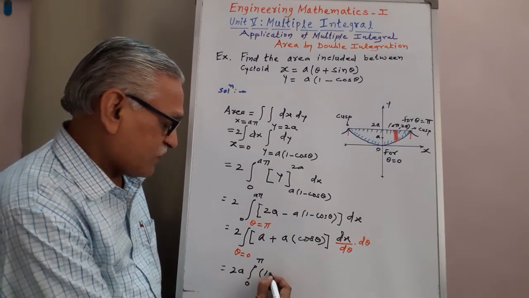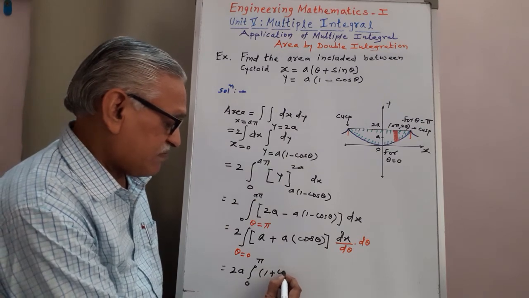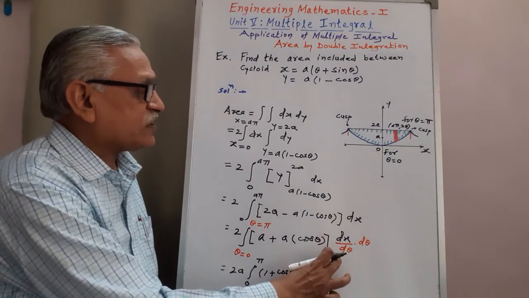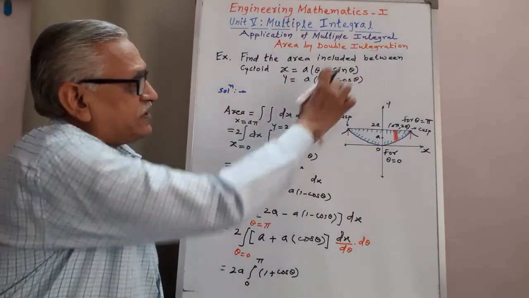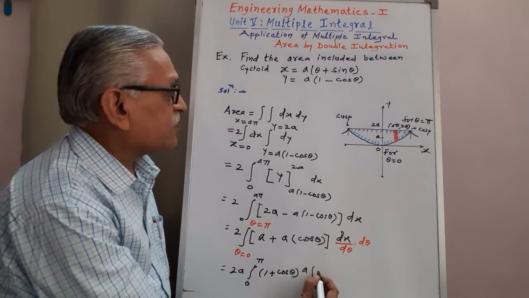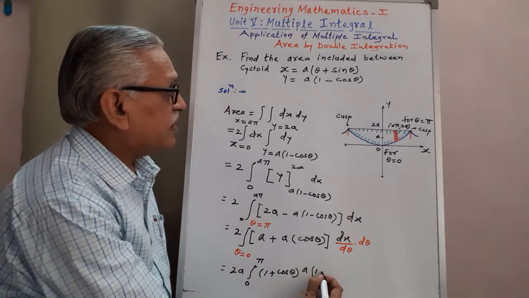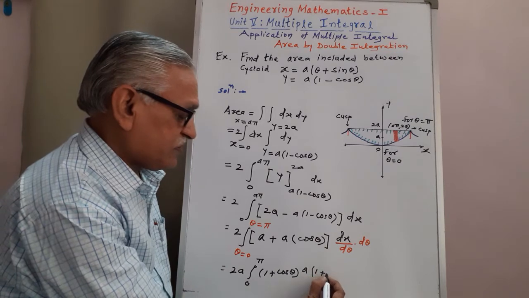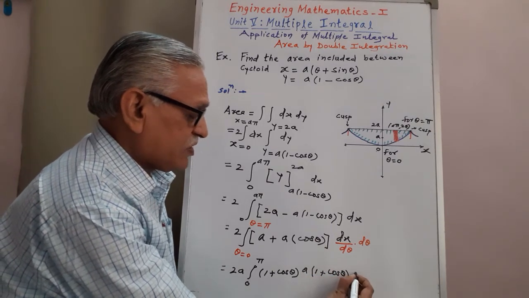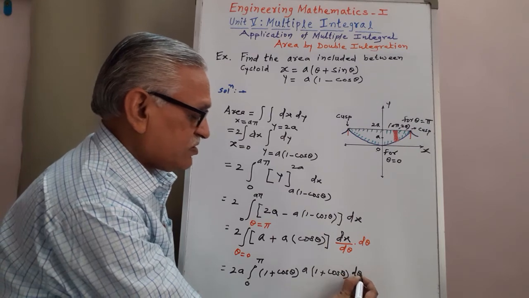1 plus cos theta remains. Differentiating x with respect to theta: a is a constant term, the derivative of theta is 1, and the derivative of sin theta is cos theta, which we have to integrate with respect to theta.